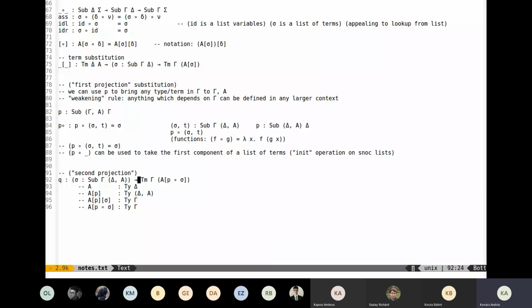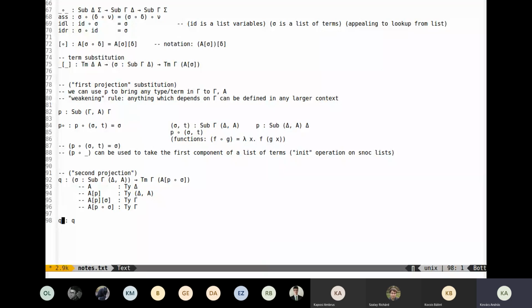Okay, so this is the second projection. And then we have this computation rule, which says that this is indeed the second projection from a list of terms. But now this is not a composition anymore, because Q is a term, and there is no operation which does composition on terms.